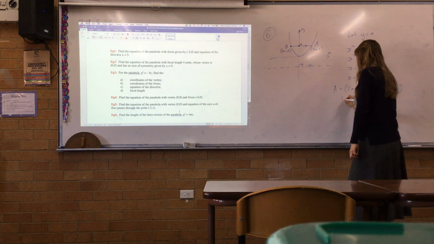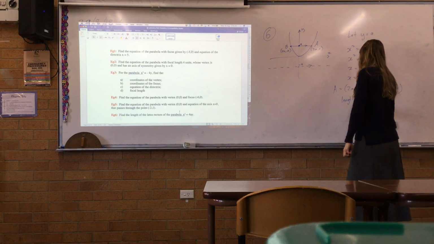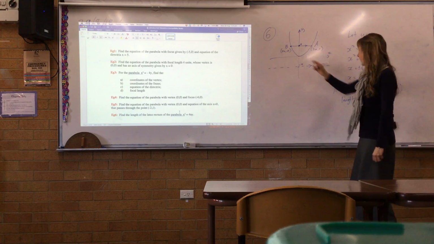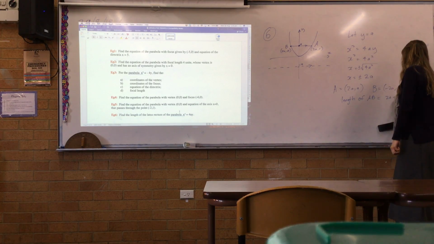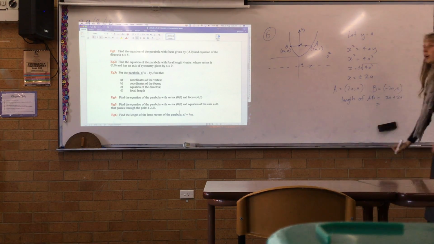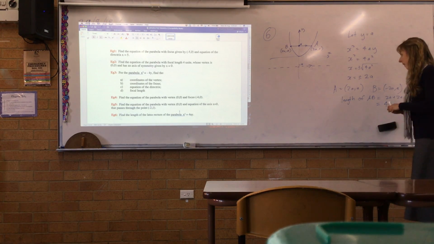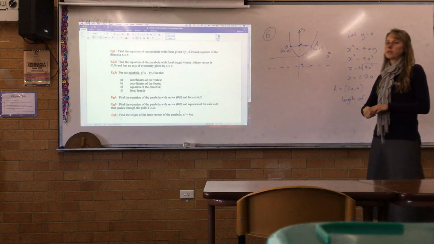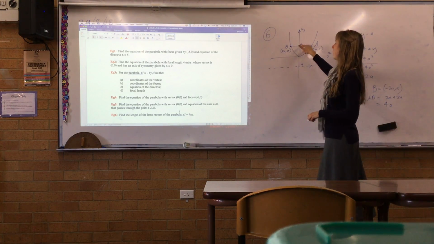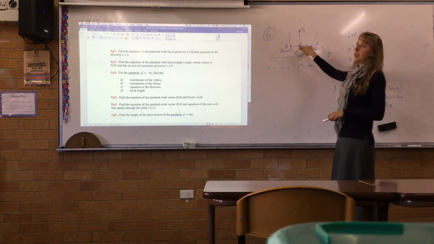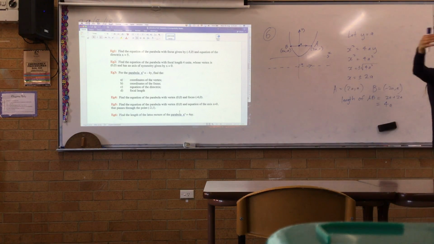Okay, so the length of AB equals 2a on that side. 2a plus 2a is going to be a total of 4a. The length between here and here is 2a, between here and here is 2a. So total distance, remember distance is always positive, you can't have negative distance, is 4a.